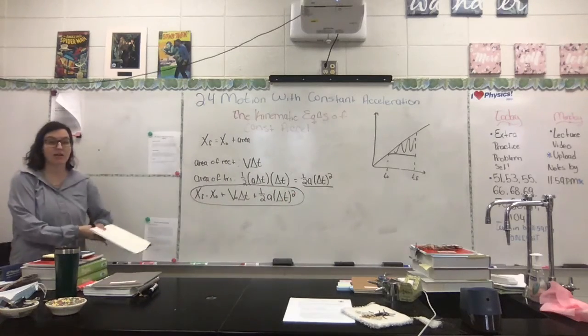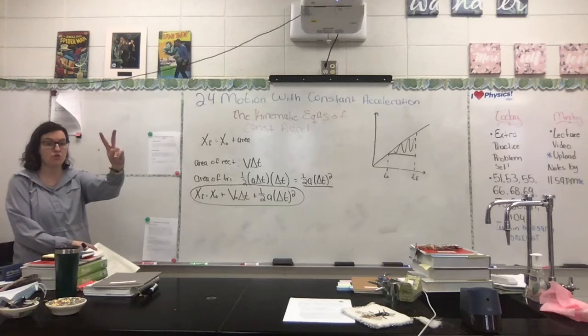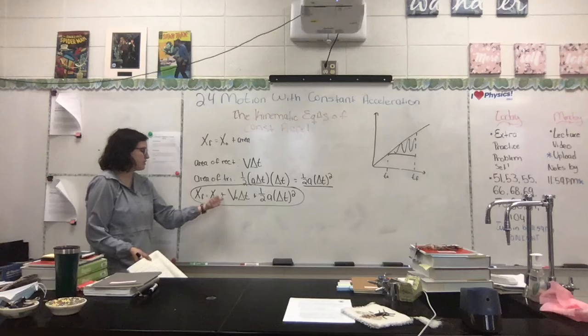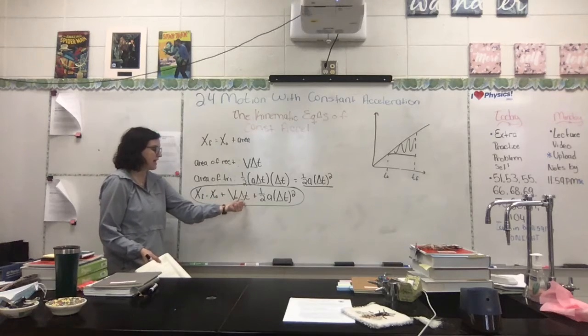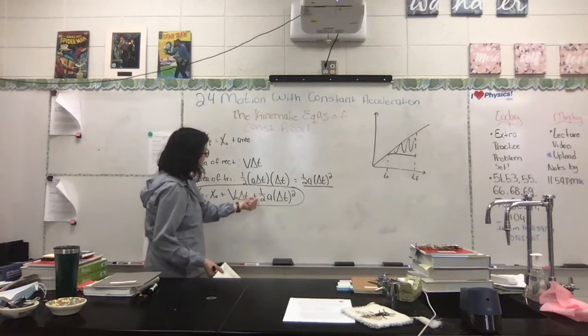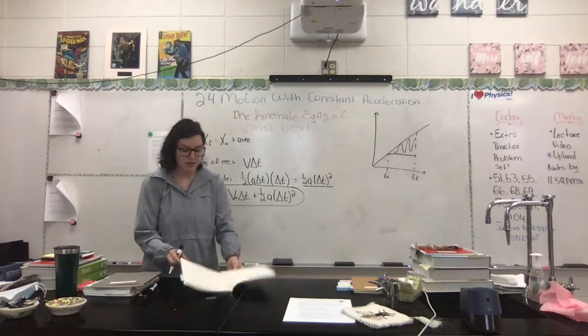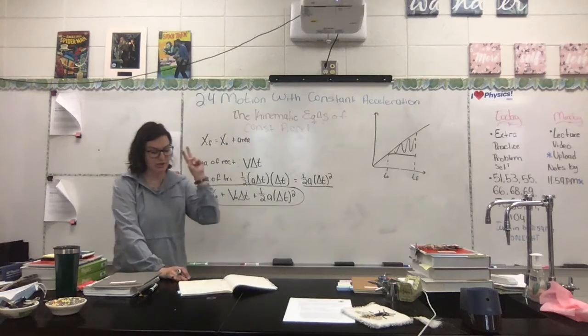This is kinematic equation number 2, all right? Final position is equal to the initial position plus the initial velocity times our change in time plus 1/2 our acceleration times our change in time squared, okay? So that's kinematic equation number 2.